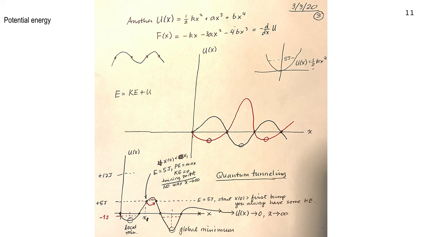For the red version, some other physical system with 4 roots, it might oscillate in 2 different places. The same thing here. Now this is the global minimum of the potential energy curve.